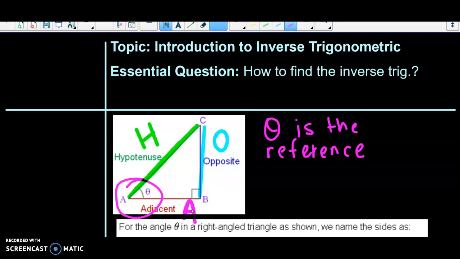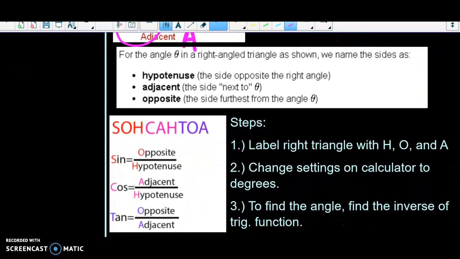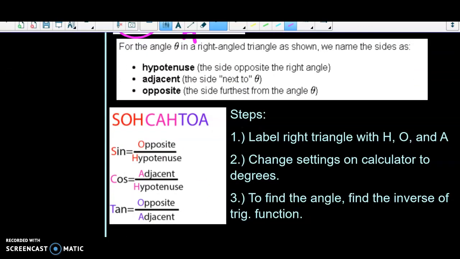Okay, so to review, hypotenuse is the side opposite the right angle. That's always the case. And then your opposite is the one directly opposite angle theta, and then adjacent is the one that's right next to it. Adjacent means next to.